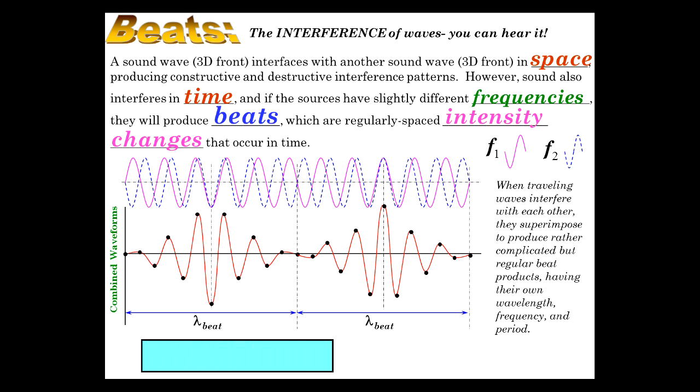But let's take a look at what the frequency of the beat is, which is just an intensity variation, kind of a warbling. And it's probably not going to surprise you too much that it's just the difference in the two frequencies. By the time you've got destructive interference completely here, the next time you have completely destructive interference is when the medium is not displaced here, not displaced here, and not displaced here.